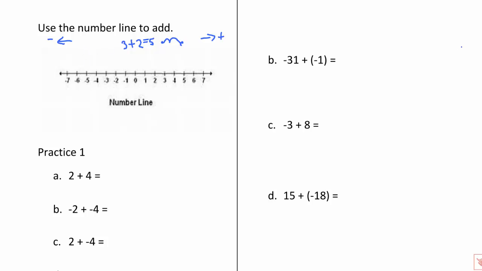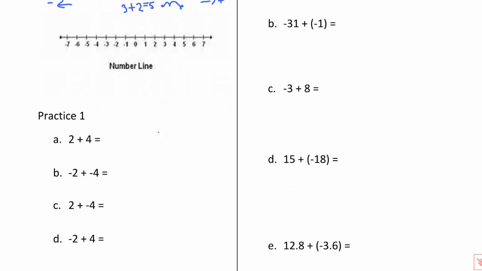So let's look at our practice one. It says 2 plus 4. Now we could just look at the number line here. I'd put a point at the 2 and then we'd go 4 to the right.